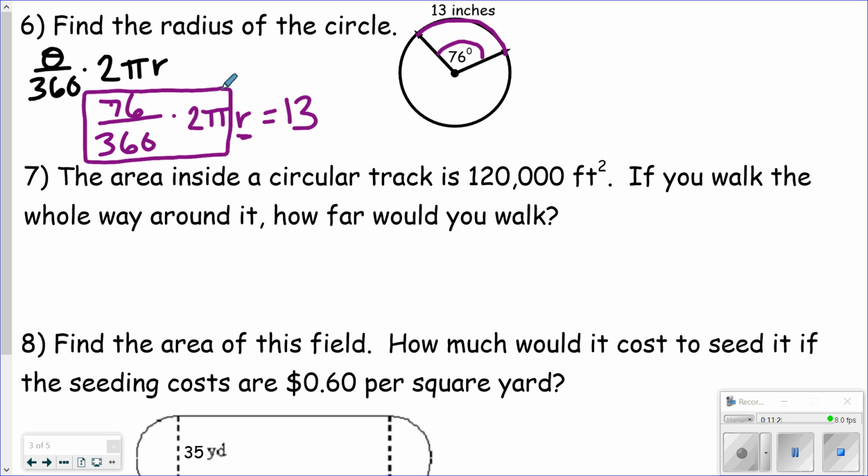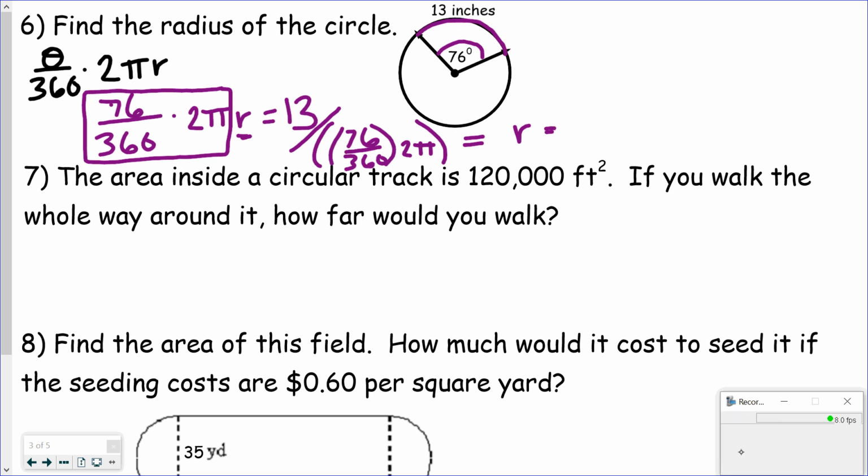So I take 13 and divide it by, in parentheses, another parenthesis because I need to do 76 divided by 360 first, times 2 pi, close parentheses. If you plug this just like this in your calculator, you will end up getting that r is equal to 9.8 inches. And so that is our radius.